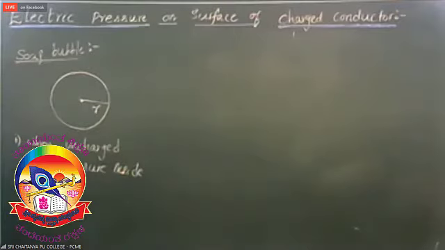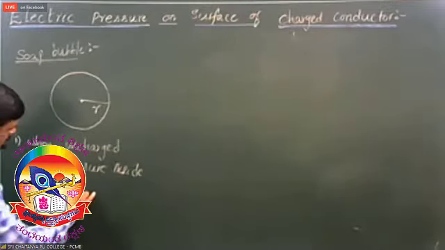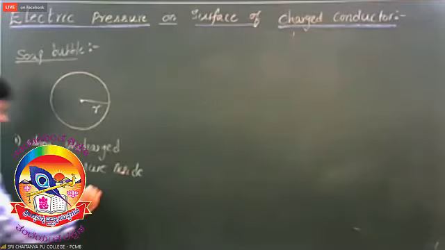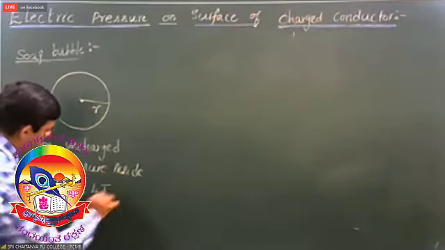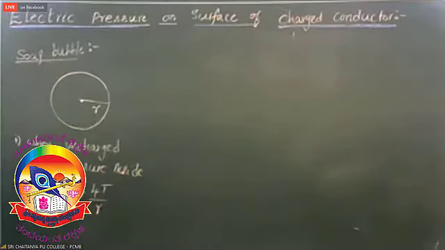Total pressure inside the soap bubble. In first year surface tension topic, we studied the net pressure inside a soap bubble: P naught plus 4T by R. Is it not the formula? Just recall it.